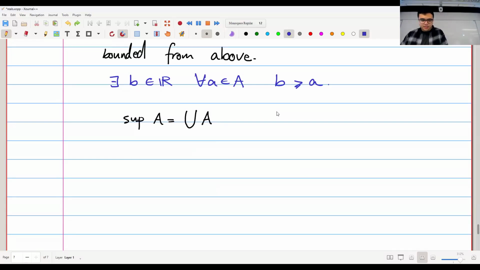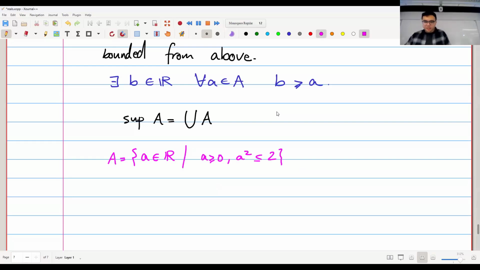So for example, let's do a simple example here. Let's say A is the set of all real numbers such that they're greater than 0 and a squared is less than or equal to 2.